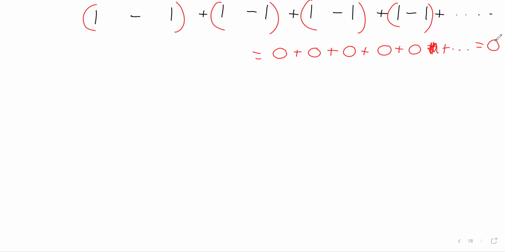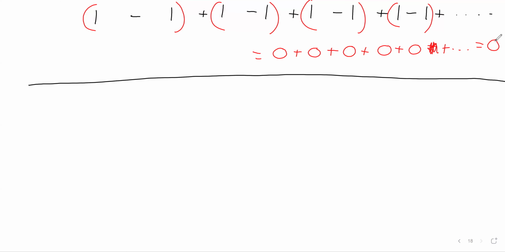But then they'd say, well, we could also rewrite this series as 1 minus 1 minus 1. This is the first 3 terms of the series. This minus sign distributes over this, so this positive 1 corresponds to this negative 1.